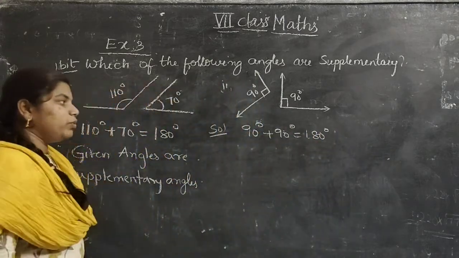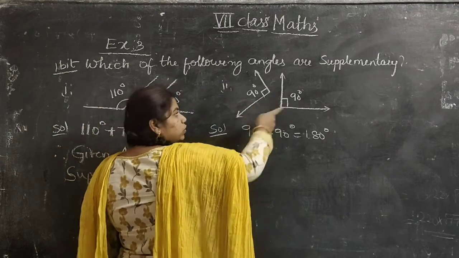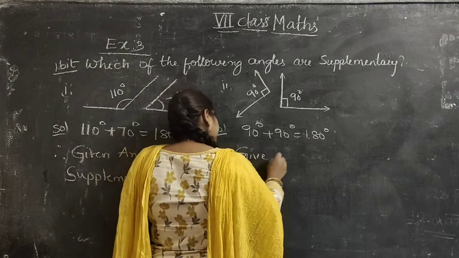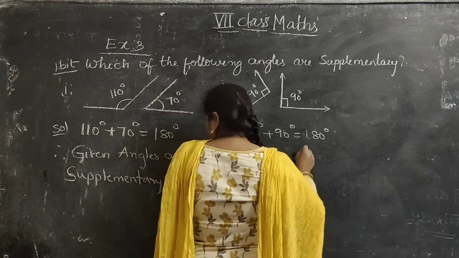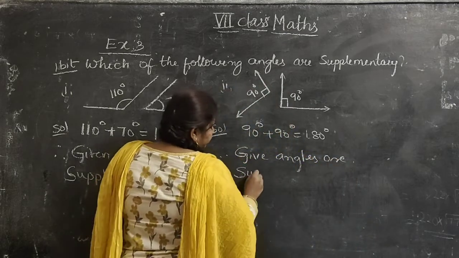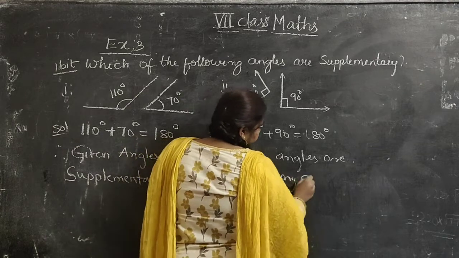The sum of the two angles is 180, so we can say that these two angles are supplementary to each other. So the given angles are supplementary angles.